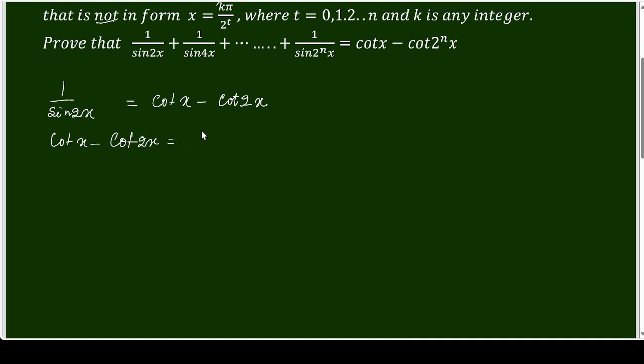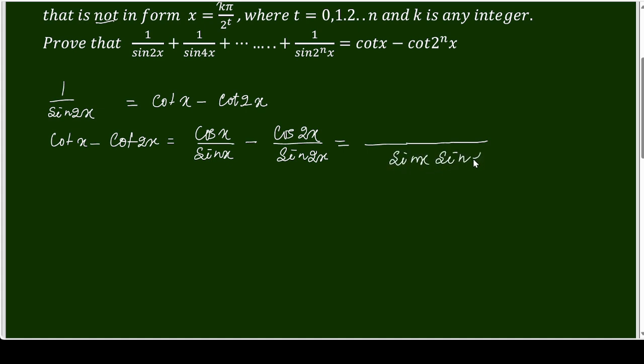I am changing into cos and sine. So this will be cos x over sine x minus cos 2x over sine 2x. If we take the LCM, it will be sine x sine 2x. In the numerator, I will get sine 2x cos x minus cos 2x sine x.